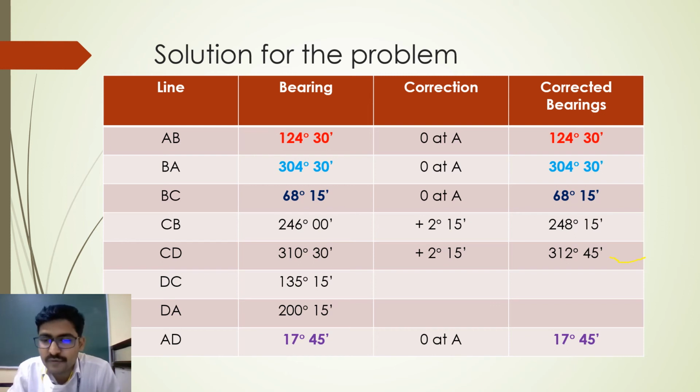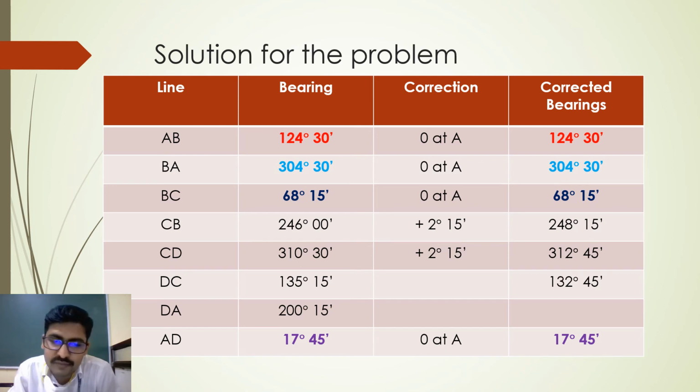So since the fore bearing of CD is more than 180, you are supposed to subtract. So subtract 180 degree from 312 degree 45 minutes. So how much it will be? So it will be 132 degree 45 minutes. So 132 degree 45 minutes is the corrected bearing.